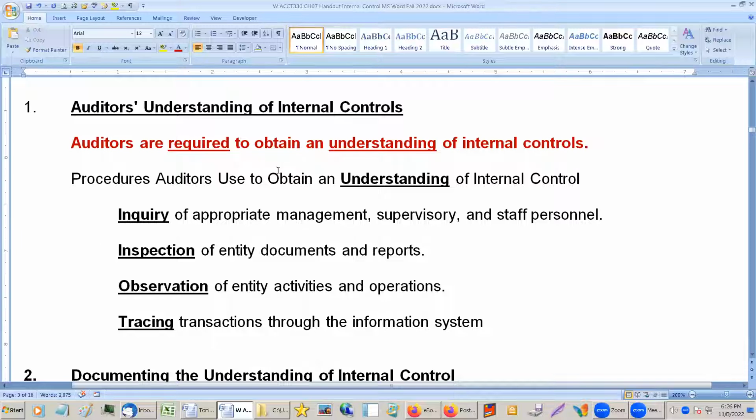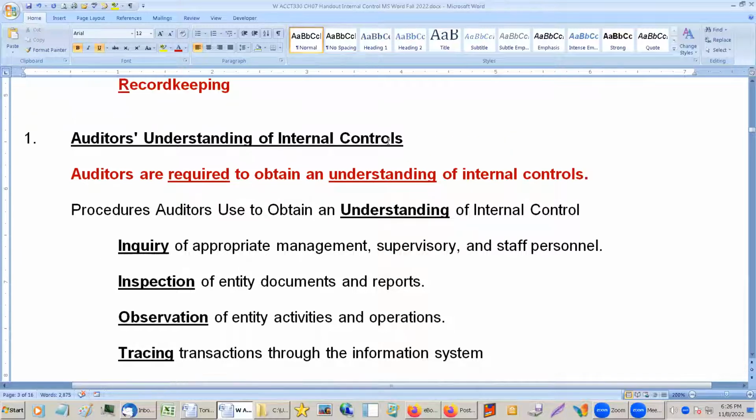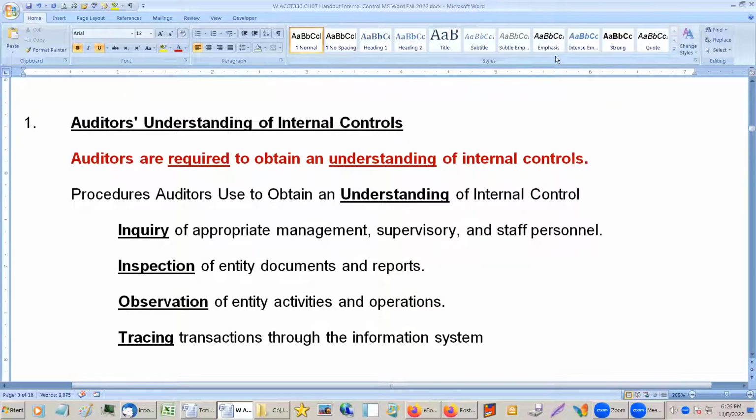So auditors are required to obtain an understanding of internal controls. Now, this is different than test of controls because test of controls is when you're going to rely on them. So every audit, you have to get an understanding. Every audit is required to get an understanding. Now, if you're going to rely on those controls, then you have to do test of controls. But if you're not going to rely on them, you still have to get an understanding of the internal controls.